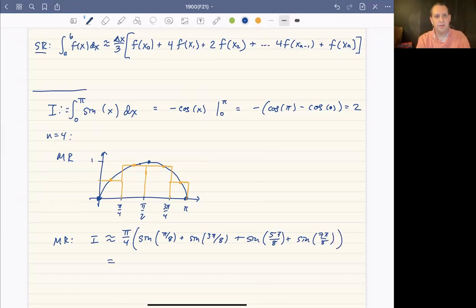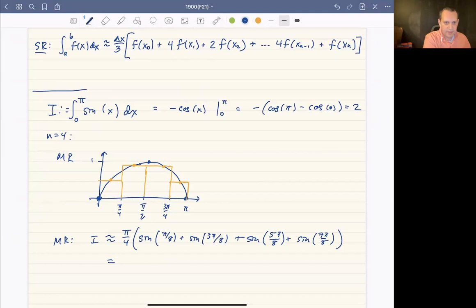And then let's plug that into a calculator, and I'll invite you to do the same. We're going to get pi over 4 times the sum of the values: sine of pi over 8, sine of 3 pi over 8, and so on.